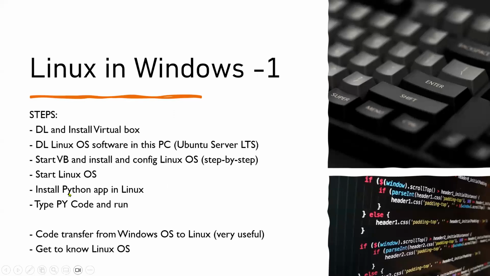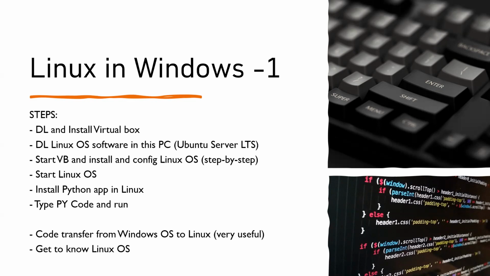So let's try next one. Linux in Windows 1. We are going to learn how to install Linux inside Windows. There are a few steps, and I'm going to follow them one by one. Number one, I have to download and install VirtualBox in my Windows computer.